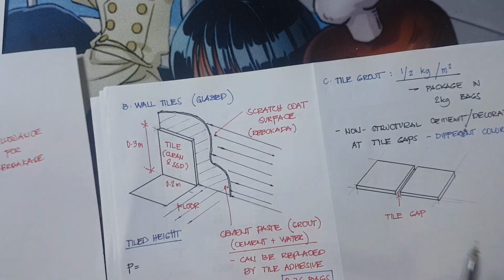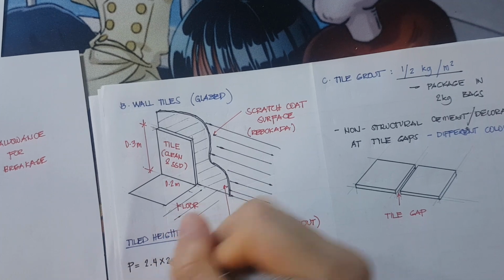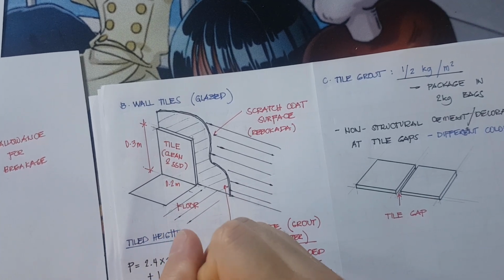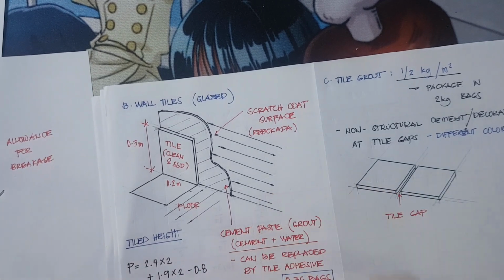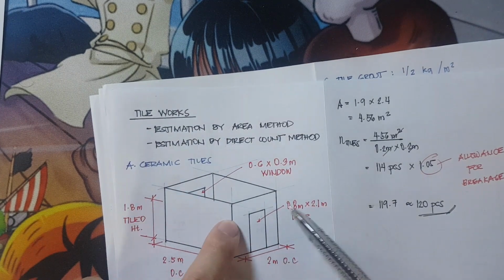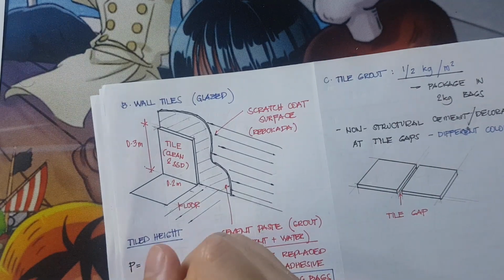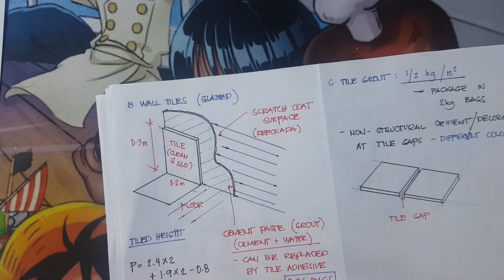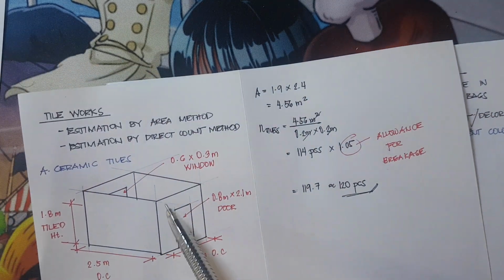So, the perimeter would be 2.4 times 2 plus 1.9 times 2 minus 0.8. It is higher than 2.1, so we can subtract 0.8 right away. Therefore, the perimeter is equivalent to 7.8 meters.